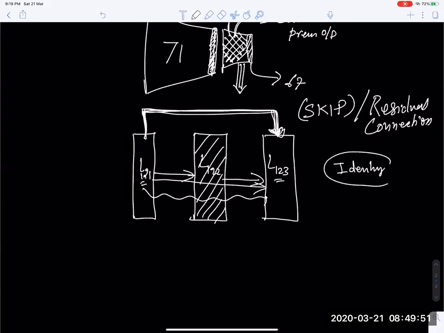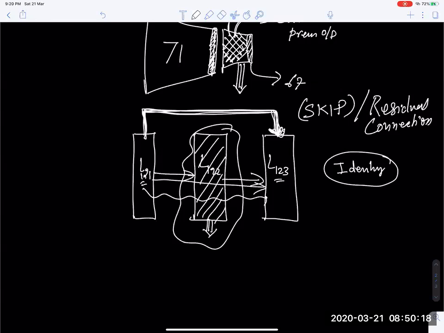These are sometimes called identity connections, or residual connections. The good thing is that in between, you need not learn something trivial like passing the same thing, which is getting difficult. I am passing the same thing, so here you can learn something better.